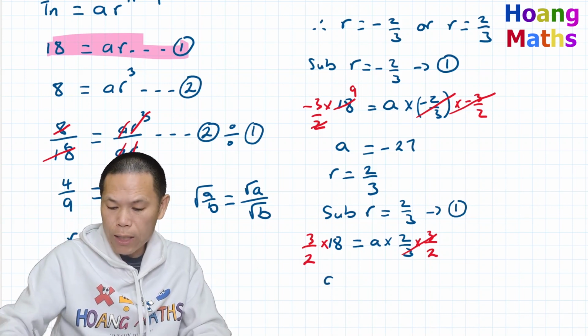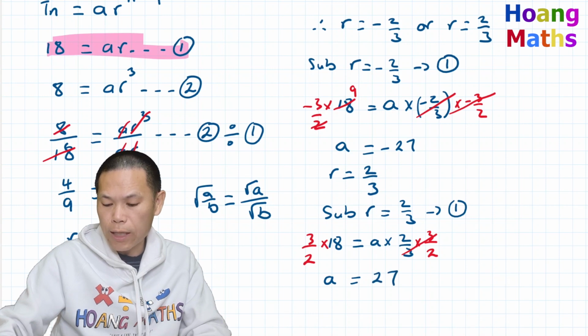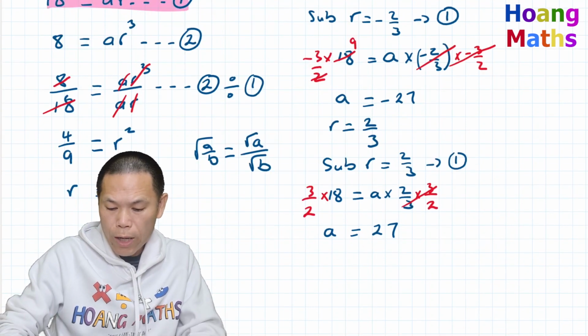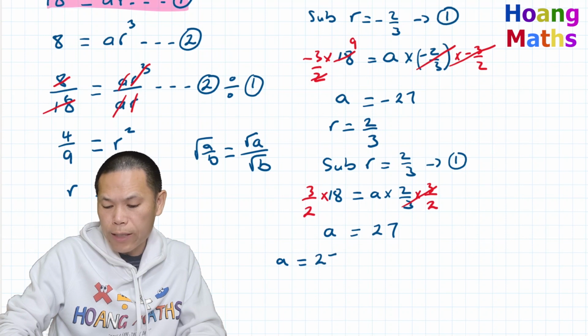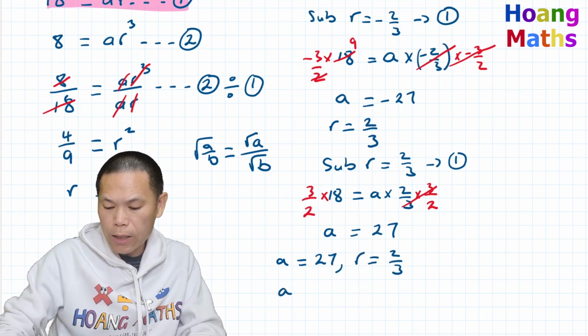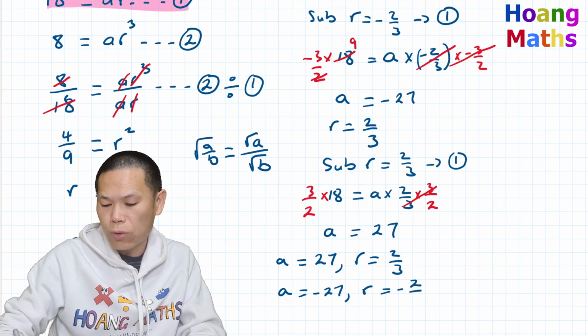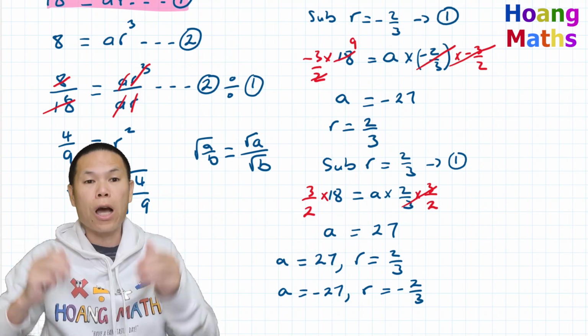Therefore A is 27. So when A is 27, R is 2/3, and when A equals negative 27, R is equal to negative 2/3. So there you go.